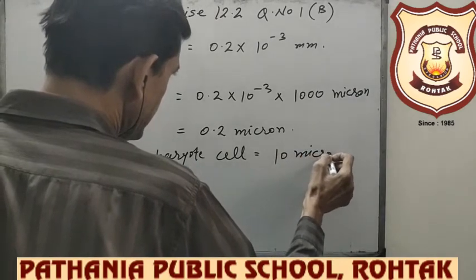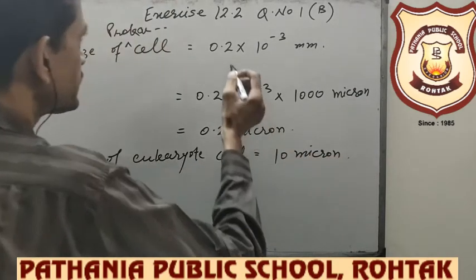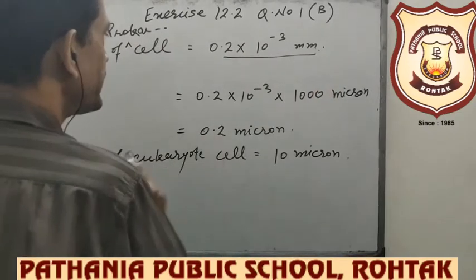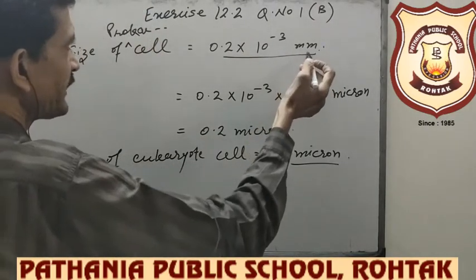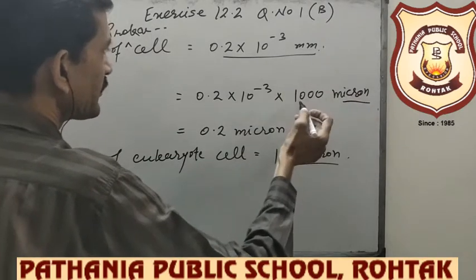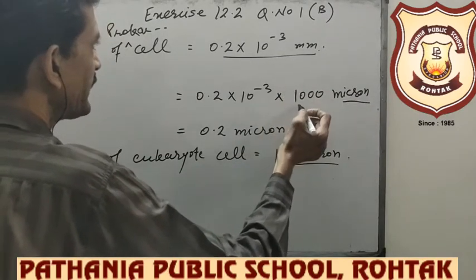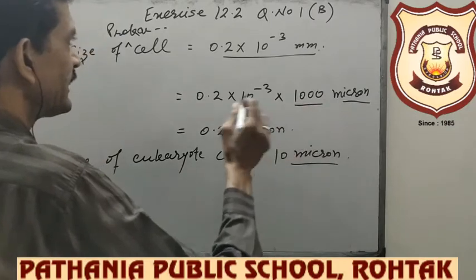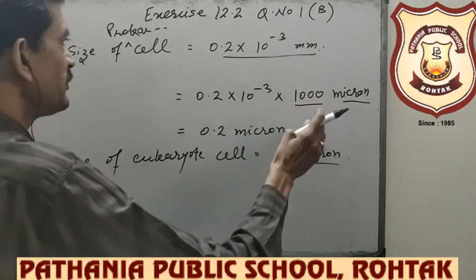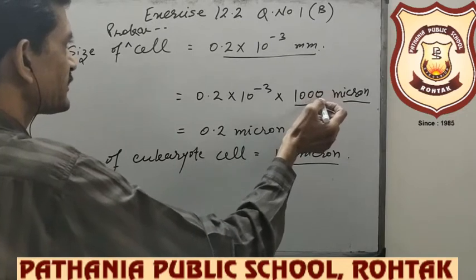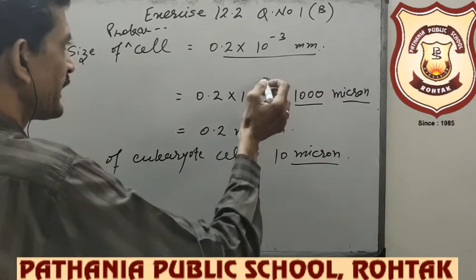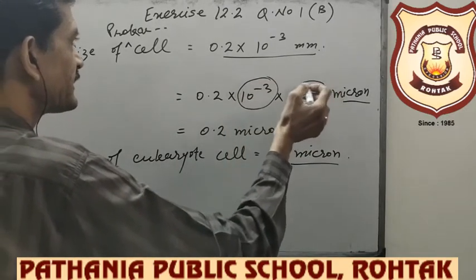What is the point here? In this question, this size is given in millimeter and this size is given in micron. So change millimeter into micron. When you multiply millimeter by 1000, then it will change into micron. Take care of this. 1000 means 10 raised to the power 3, and minus 3 is this and 3 is this.